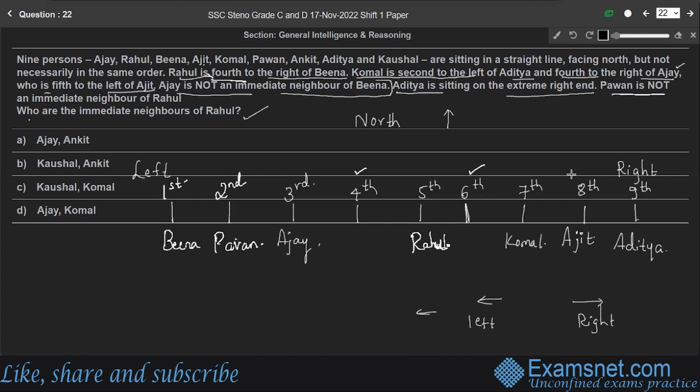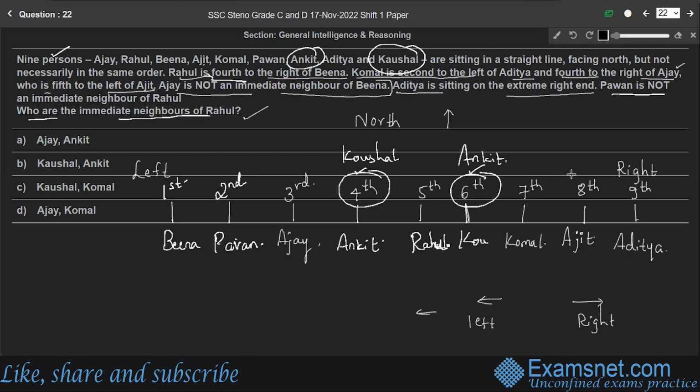Now coming to the actual question, number 22. Who are the immediate neighbors of Rahul? The immediate neighbors mean the 4th and 6th persons. Among the 9 persons, Ankit and Kaushal's positions are missing in the information given. So either Ankit is the 4th person or Kaushal is the 4th person, or Ankit is the 6th person, or Kaushal is the 6th person.